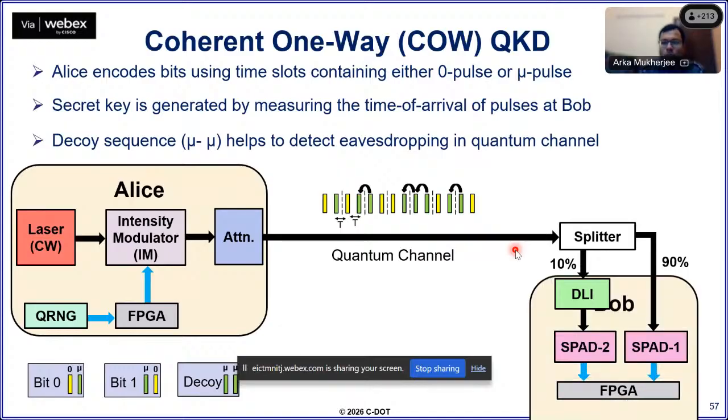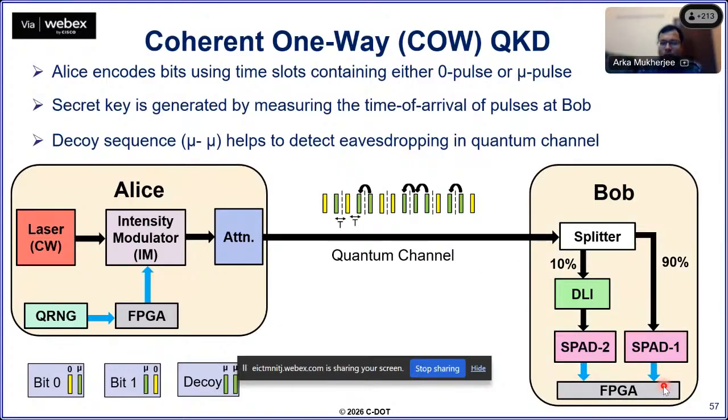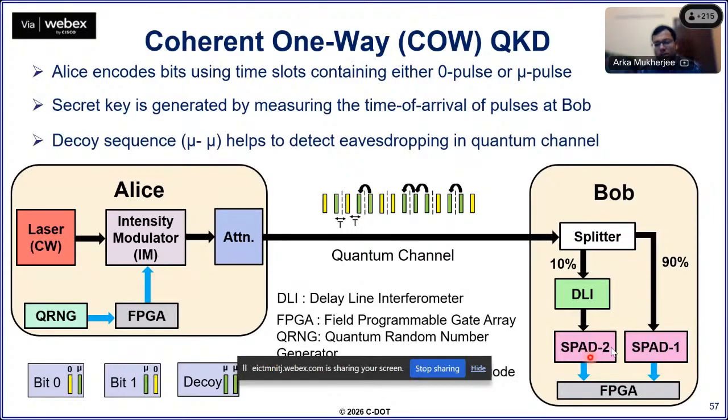Now in the Bob node, we have again the same FPGA, and we have two detectors, which are single photon avalanche diode based detectors. This is for a field deployable solution, so we are using single photon avalanche diode based single photon detectors, but you can also use SNSPDs, the superconducting nanowire detectors. Here the pulses are coming and there is an optical splitter.